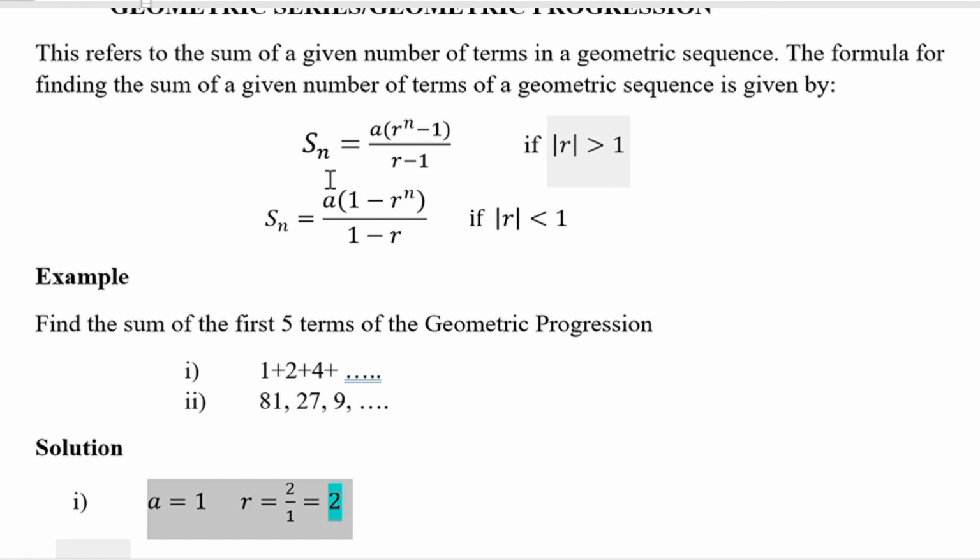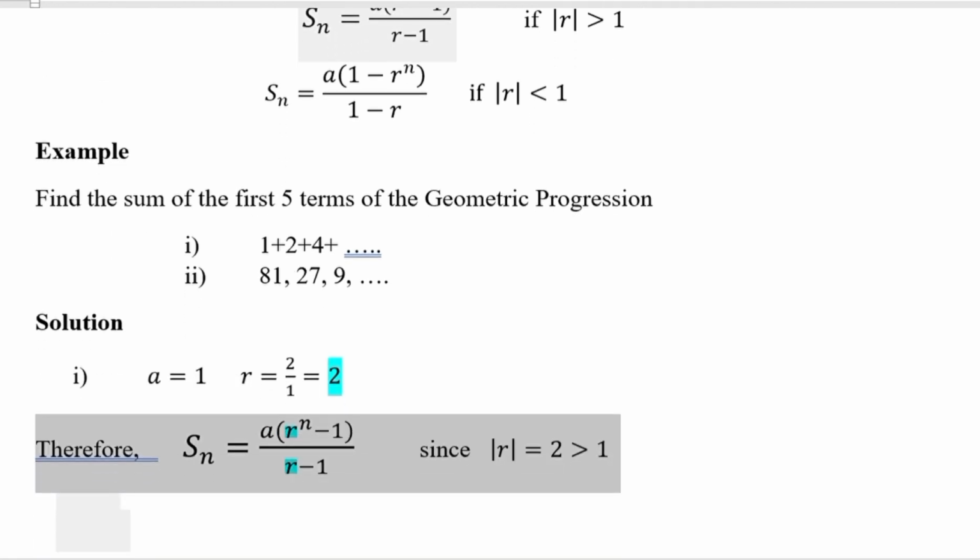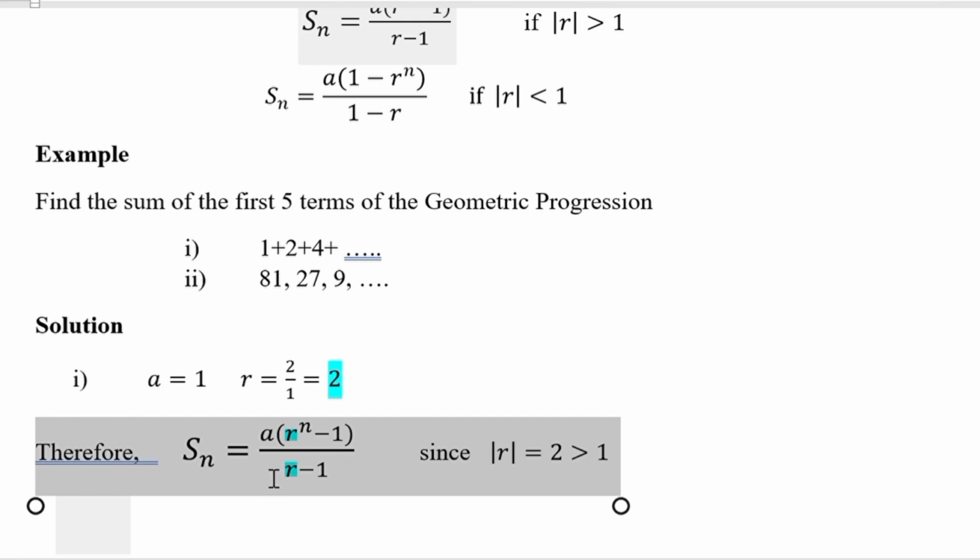So we shall say Sn = A(R^n − 1)/(R − 1). Our A is the first term, R is the common ratio, and n is the number of terms we are interested in getting the sum of.